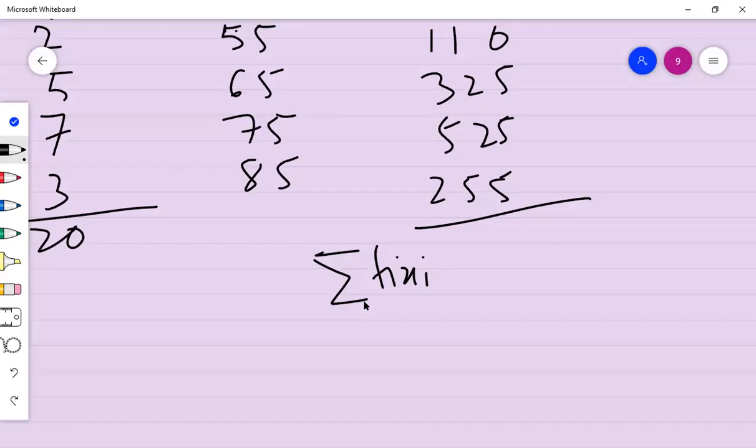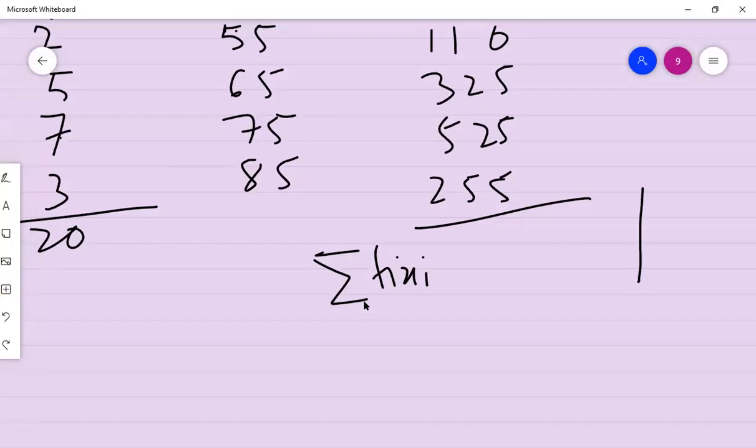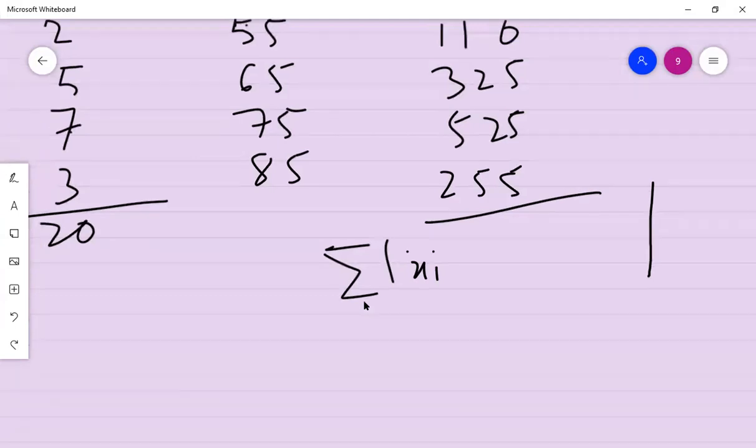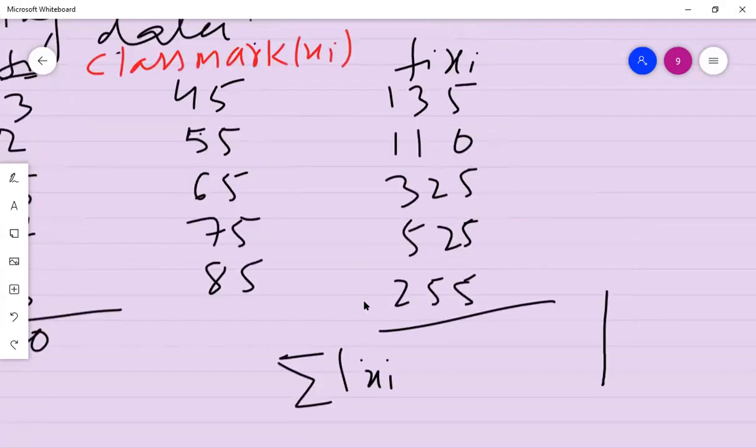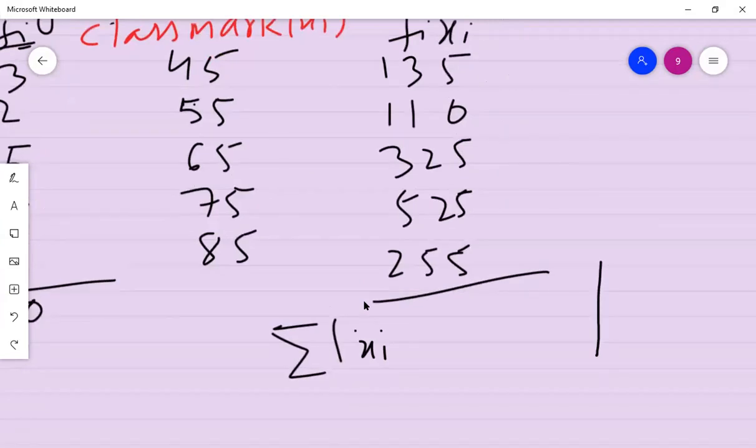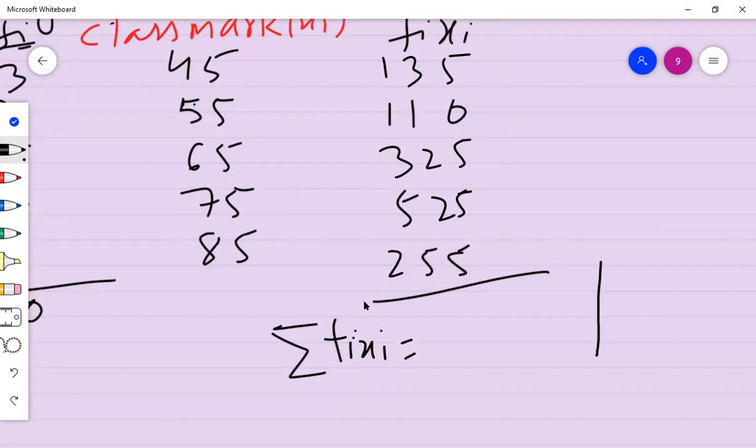Sum of fi xi. So this will be 5 plus 5, 10, then 20, 2 plus 3, 5, plus 1, 6, plus 2, 8, plus 2, 10, plus 5, 15.